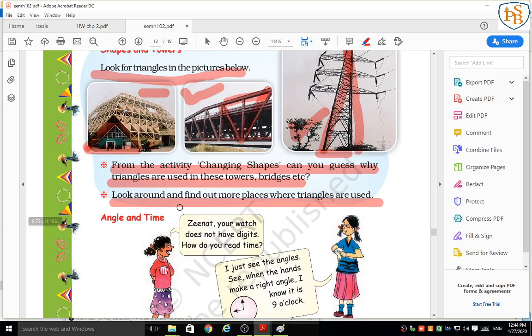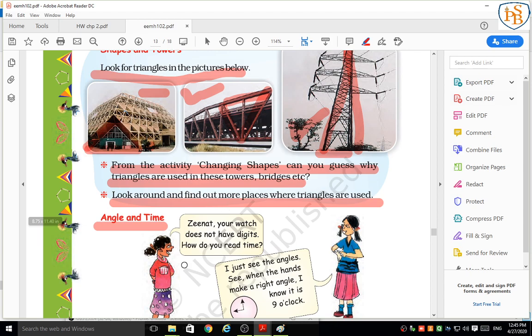Correct, students? Can you see it carefully? If you look carefully, in a clock also we can see different types of angles. Here we are going to see angles and time. So our next topic is angle and time.